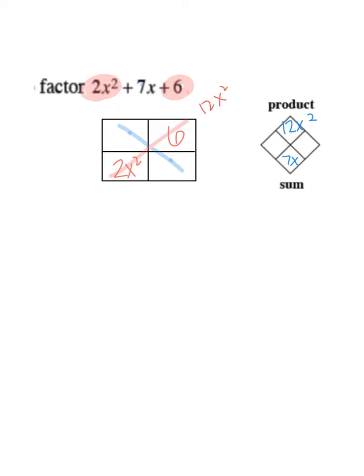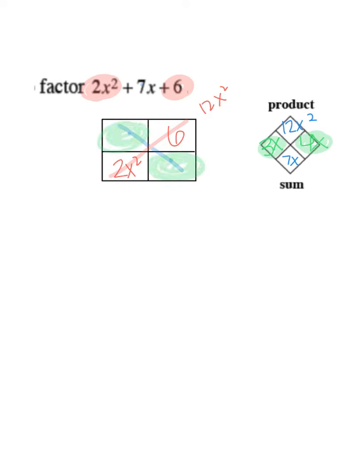What two numbers can we pick that are going to multiply to 12x squared, but will add to 7? So for example, I might think, oh, 6 times 2 is 12, but that doesn't add to 7. 3 times 4 is 12, and that does add to 7. So I'll do 3x and 4x. Those are the missing numbers that need to go into my rectangle.